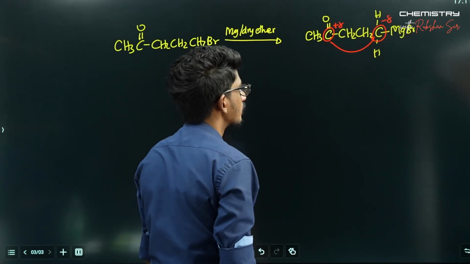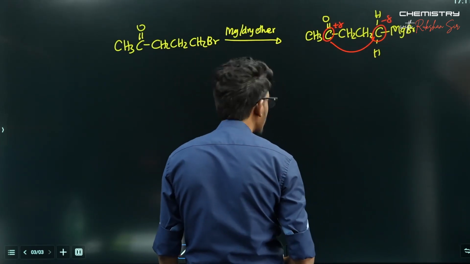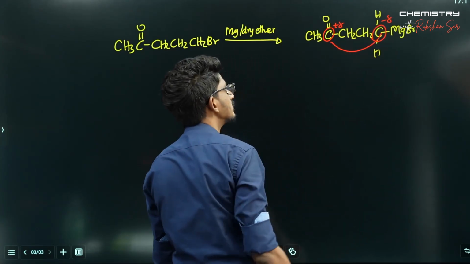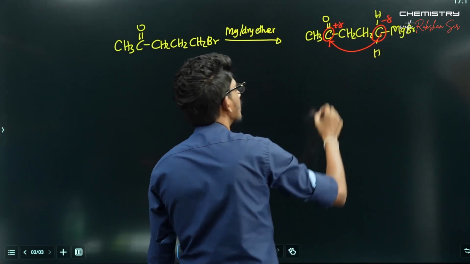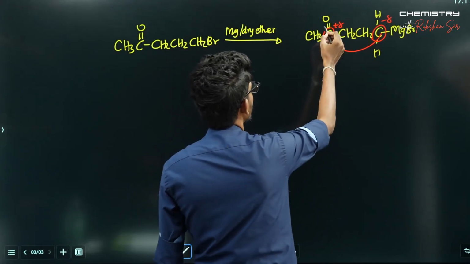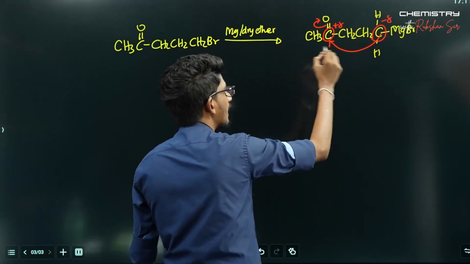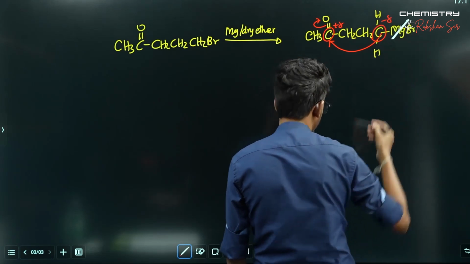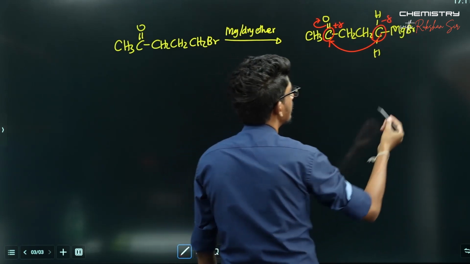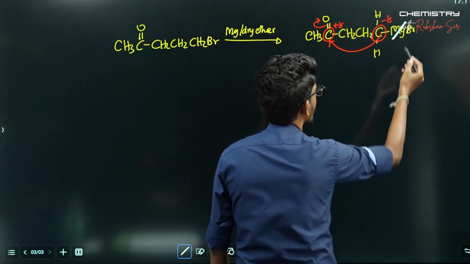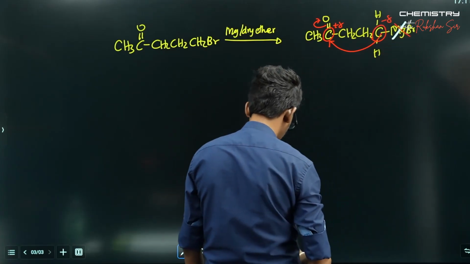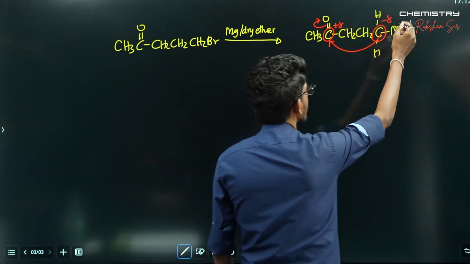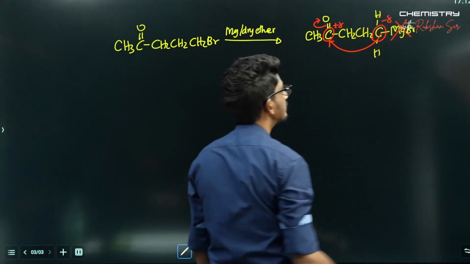With the electron pair here, this will attack, so these electrons will move like this, and when the carbon forms a new bond, it will leave the bond with the MgBr. So MgBr has to leave.